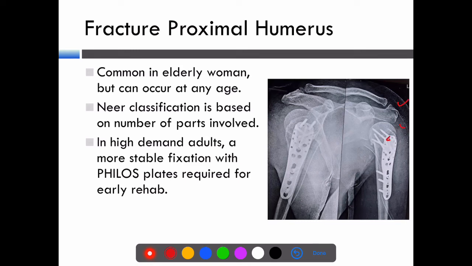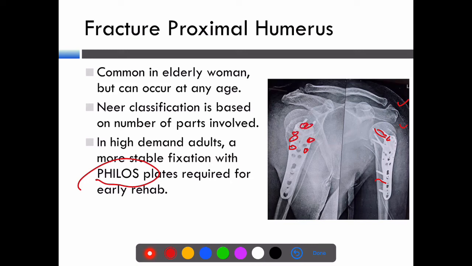These are called Philos plates. As you can see, the plate is fixed to the humeral head and shaft by screws. These are locking screws. These lock to the plate, and there you can also see some small holes in these areas.